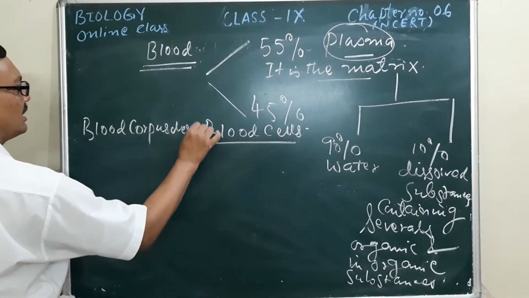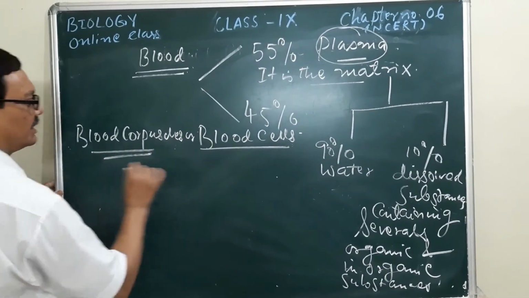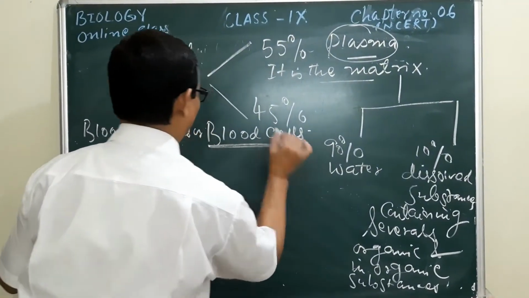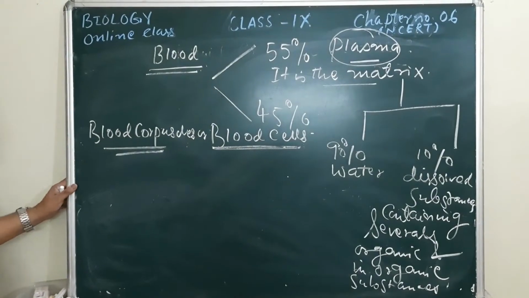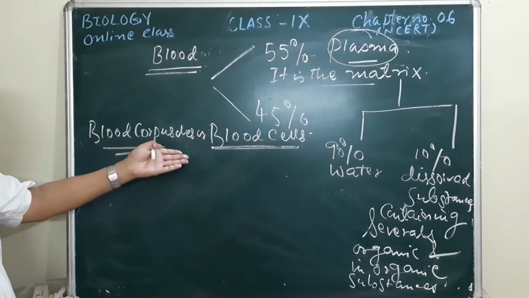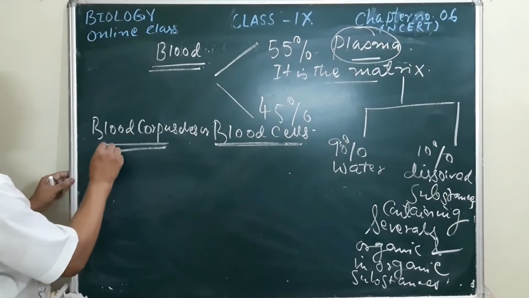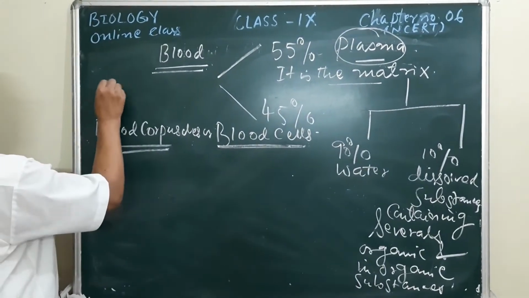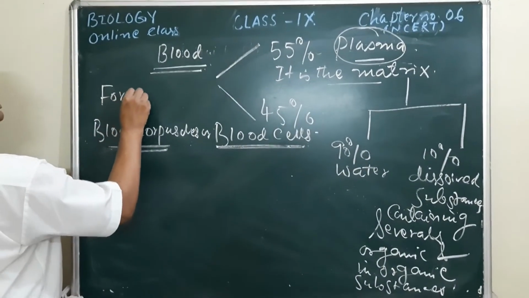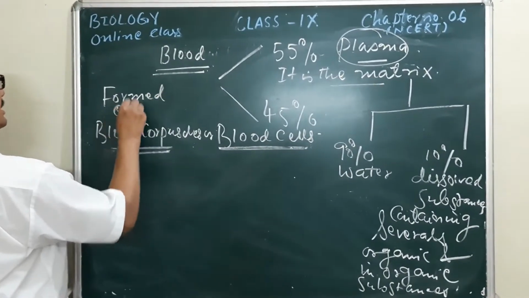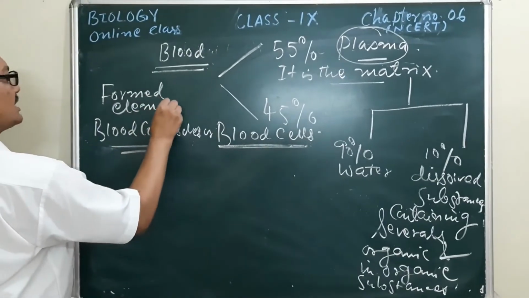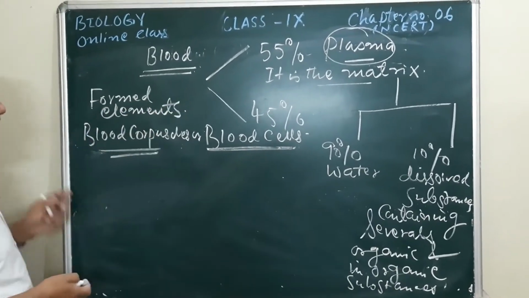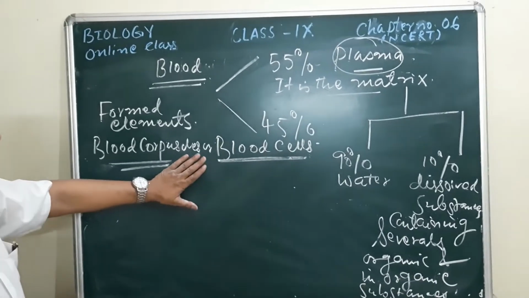So these are the cells of the blood. Blood corpuscles are the blood cells. In another word, they are also known as formed elements.